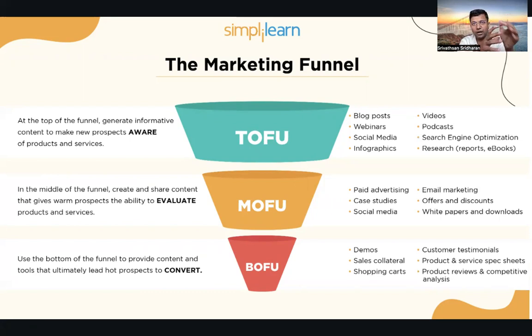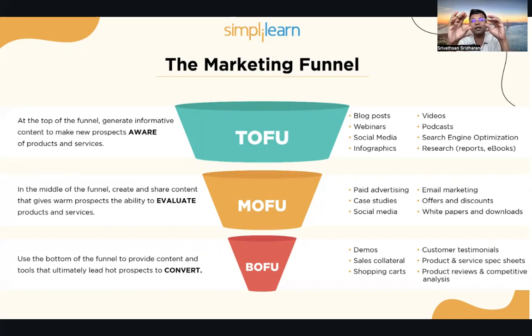So now visualize this, the same thing in terms of awareness in that journey. We have split it into three main segments, which is basically when somebody needs to be aware of it, then they are in the top of the funnel. The person who's already become your customer is in the bottom of the funnel. So that is called TOFU, top of the funnel; MOFU, middle of the funnel; BOFU, bottom of the funnel.